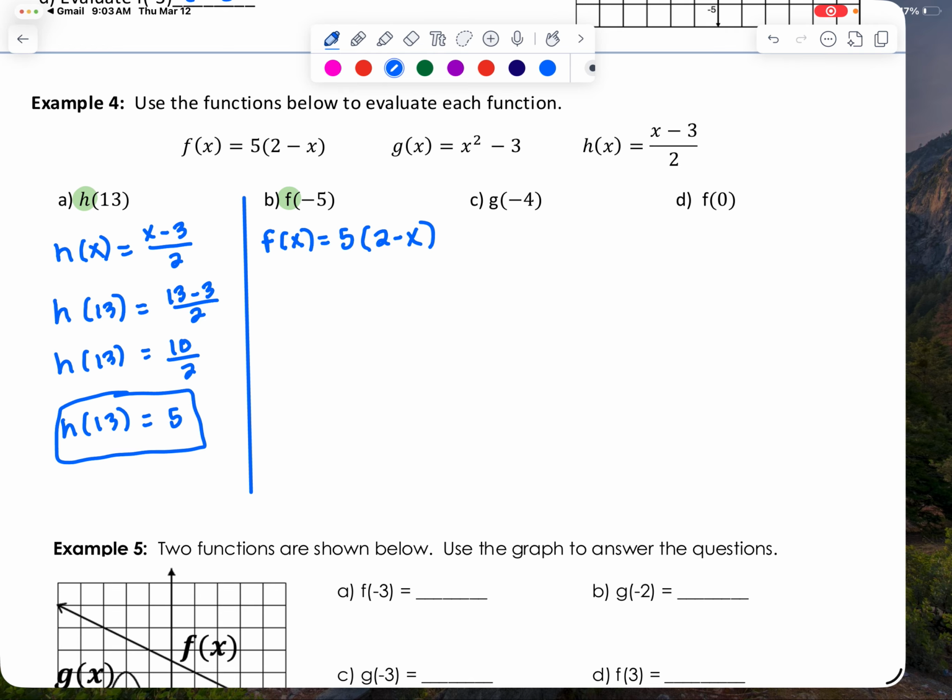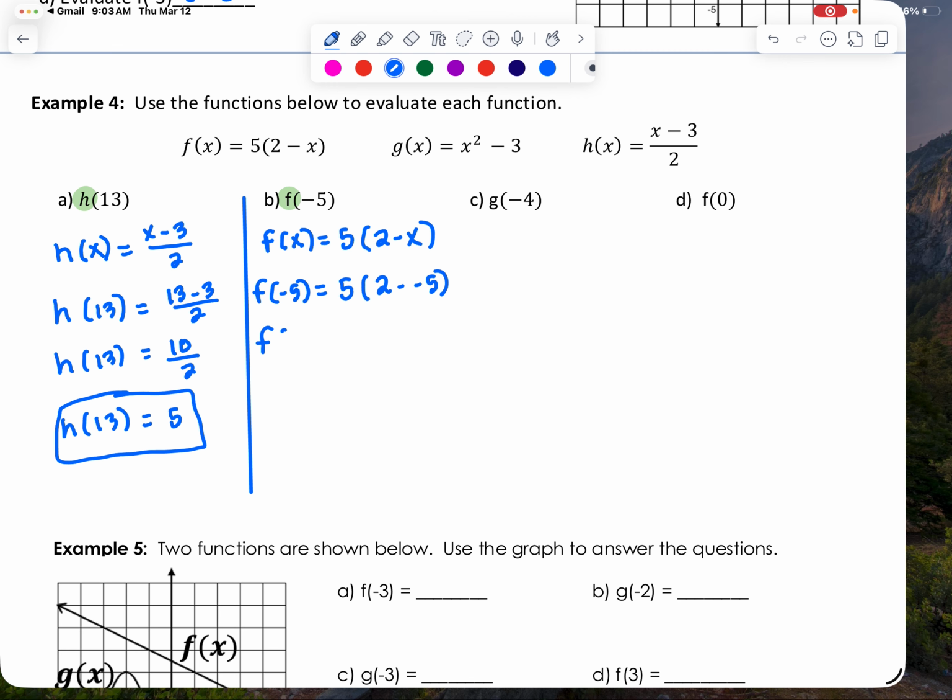All right. So if I'm evaluating f of negative 5, they're telling me they want me to put a negative 5 into this function. That's my input. So 5 times the quantity, 2 minus negative 5.